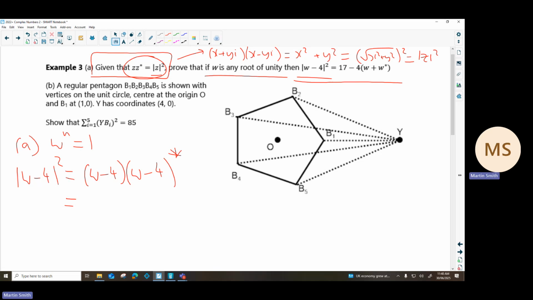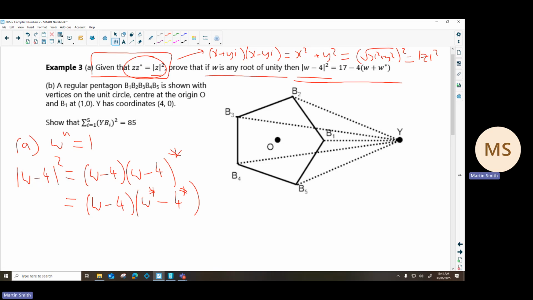Now, what I'd like to do in a minute is expand this bracket, but at the moment that's difficult because there's a conjugate sign outside the second bracket. However, it is a rule that the conjugate of two complex numbers added or subtracted is the conjugate of the first plus or minus the conjugate of the second. So I can write this as (W minus 4) multiplied by (W star minus 4 star). W star is the conjugate of W, and 4 star is the conjugate of 4.